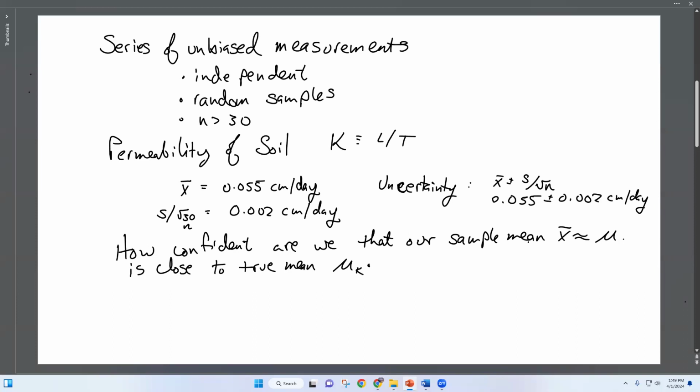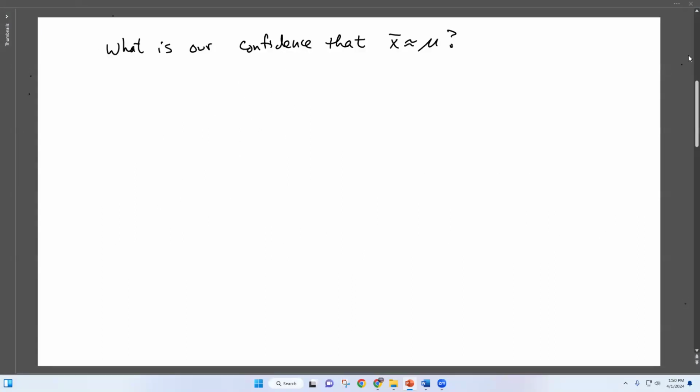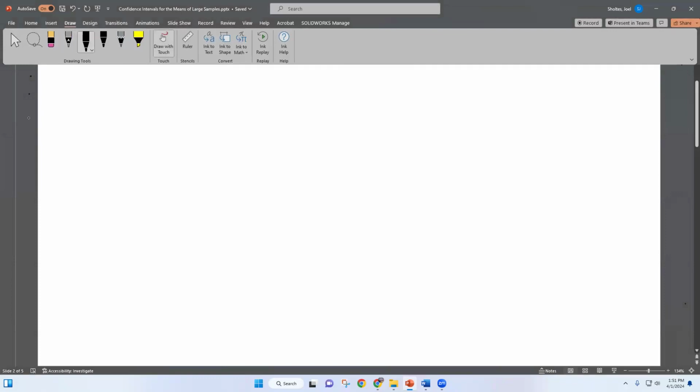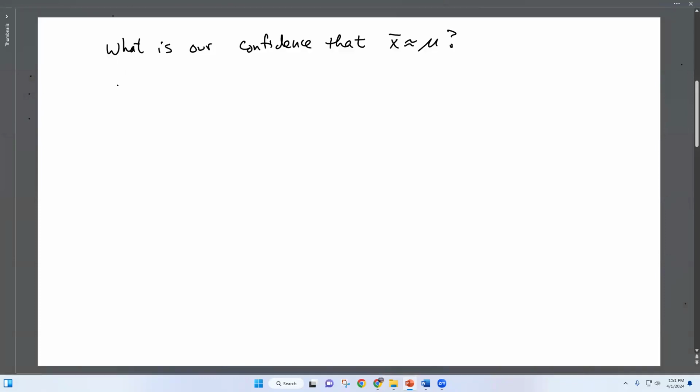Well, our uncertainty just gives us our uncertainty estimate of the sample mean itself, but we're interested now in understanding probabilistically how close we are to that true mean. So our question now is, what is our confidence that our sample mean approximates the true mean value here?